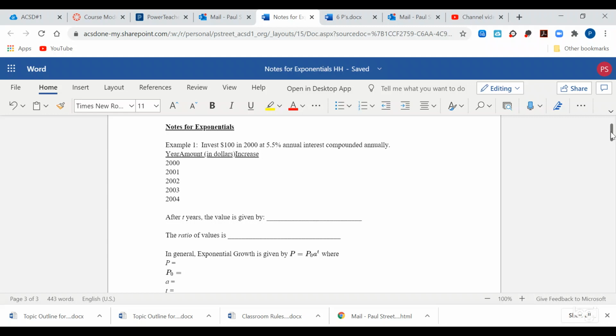And so that's going to leave a 1 plus 0.055. And so that's really going to be then 2,000, that's the amount we started with, our principal, times the 1.055. And if you throw that on your calculator, go ahead and do that.